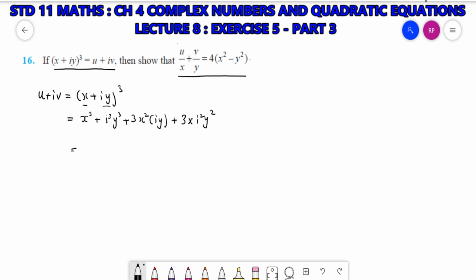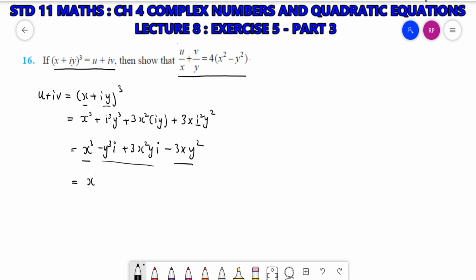This will be equal to x cube. What is i cube? Minus i. So it will be minus y cube i plus 3x square y i plus, what is i square? Minus 1. So it will be minus 3xy square. Now let's put together the real part and the imaginary part.